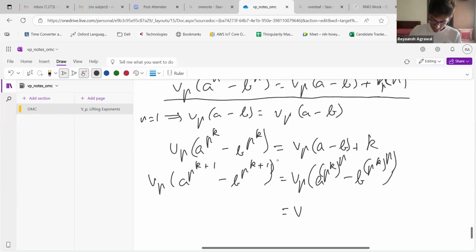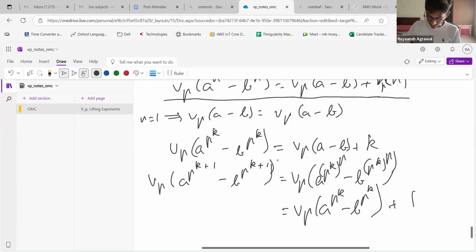Because then I can write that this is vp of a power p power k minus b power p power k plus vp of p, which would be 1. And this is given here. So it's vp of a minus b plus k plus 1. Does everyone understand what I've done here?